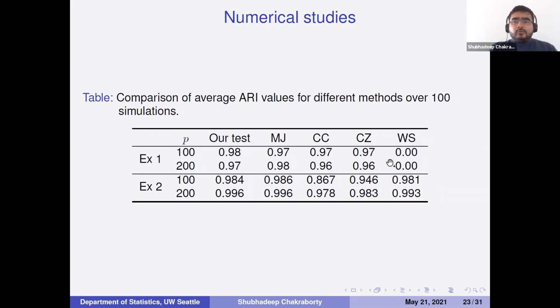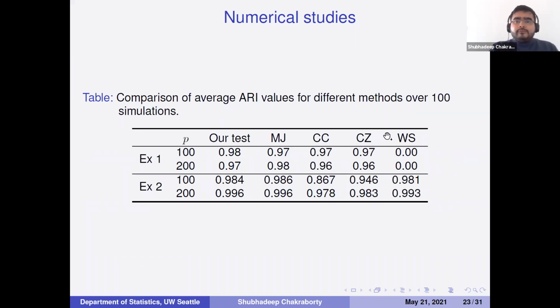Just that Wang and Samworth's procedure turns out with a 0 ARI value, because even when there is no structural break, it detects one. Other than that, for the single mean change case, it is intuitive that all of them would work well, because Wang and Samworth's method is meant for detecting mean change for high dimensional data, and example 2 is essentially about detecting a mean change.